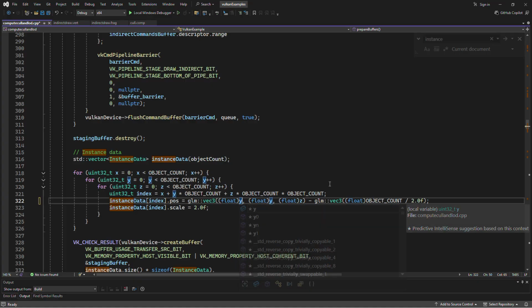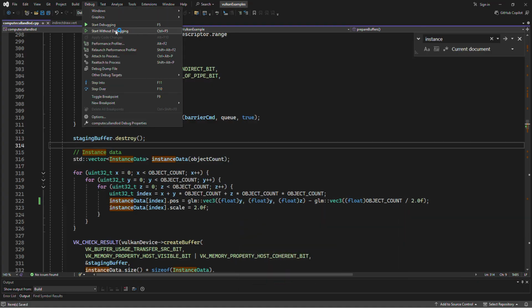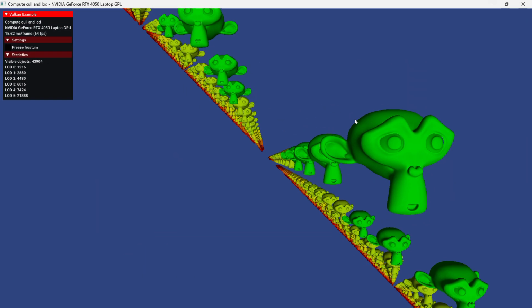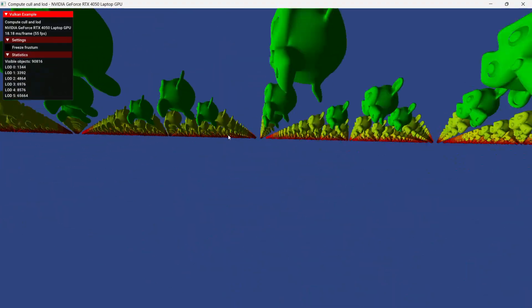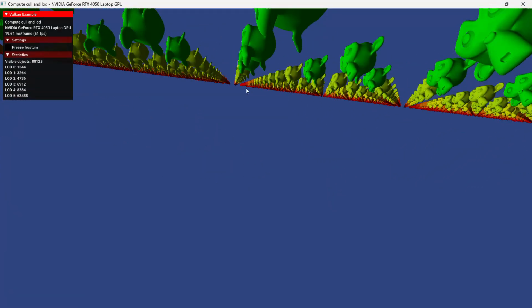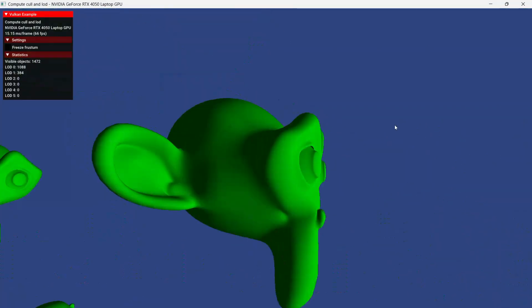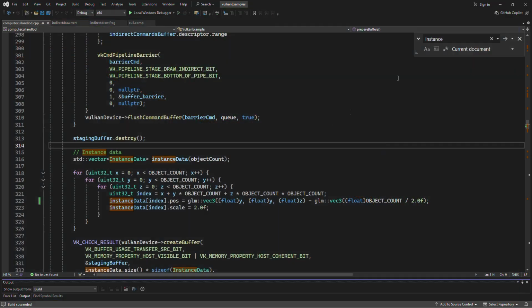Let's tinker with this actually and see what happens. So if we mess with the instance data, we could see that now we get a whole different layout, right? I haven't frozen the Frustum or anything, so I'm not culling anything. You get a whole different layout, right? Because the instance data is now changed.